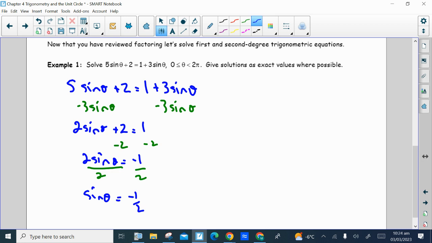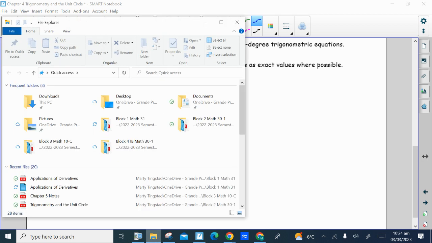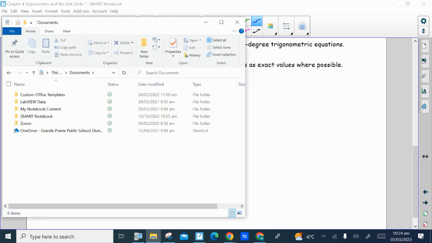We're not done here. So, let me open up my unit circle here.